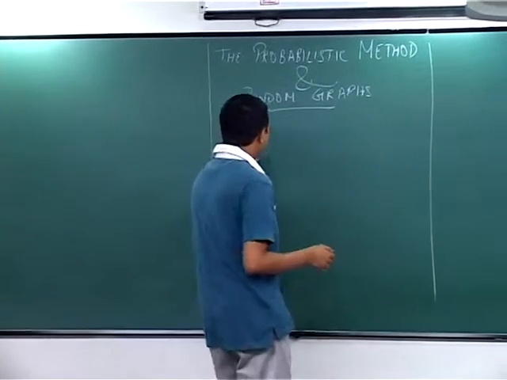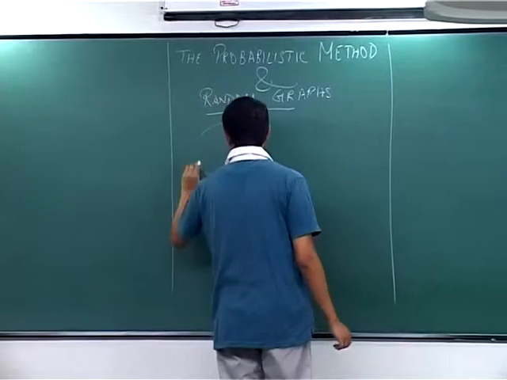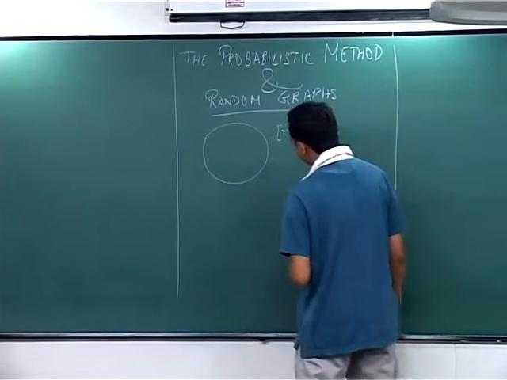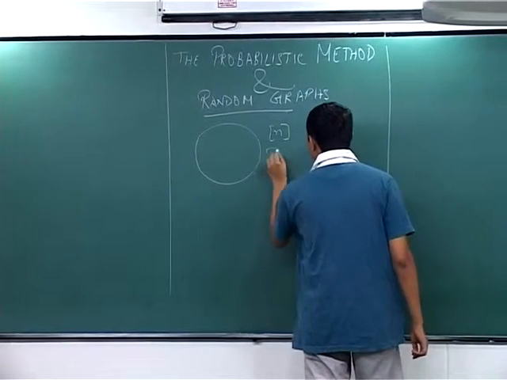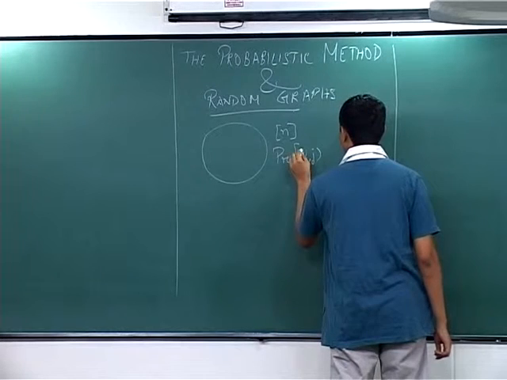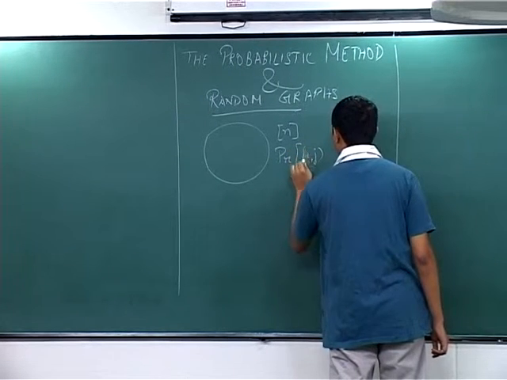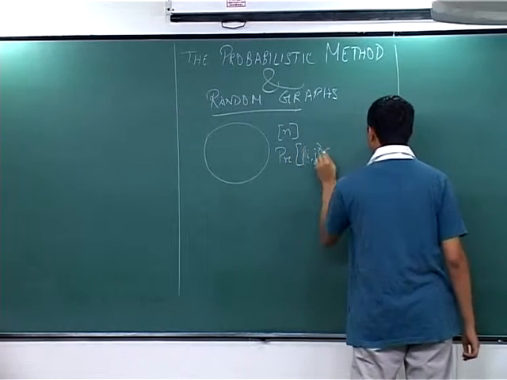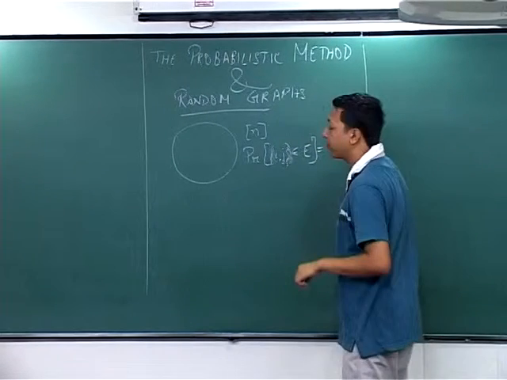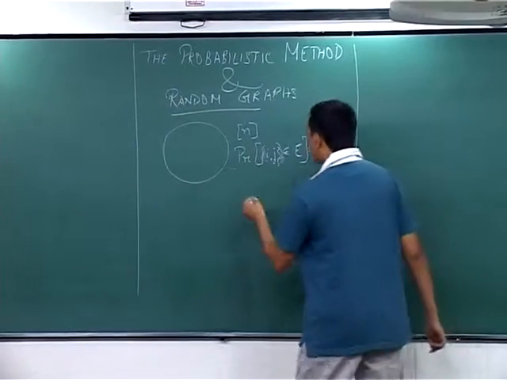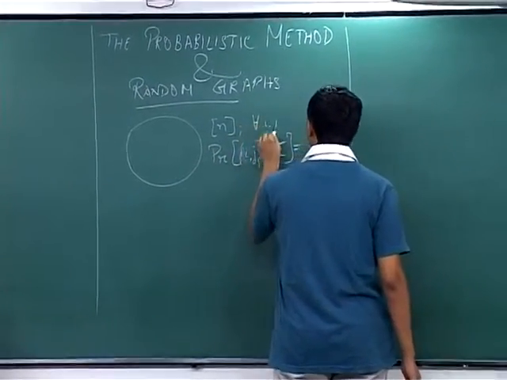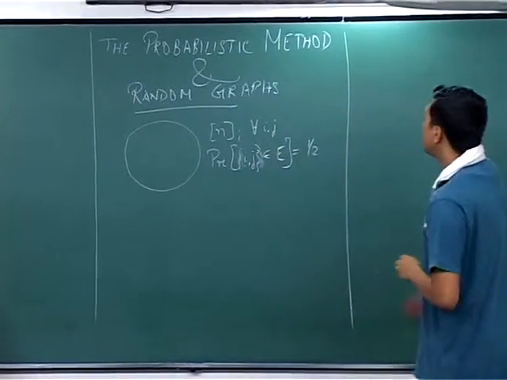So if you remember, we talked about a graph whose vertex set is the first n integers, and there is an edge between any i and j, the unordered pair i and j, with probability half for every pair i and j, right?